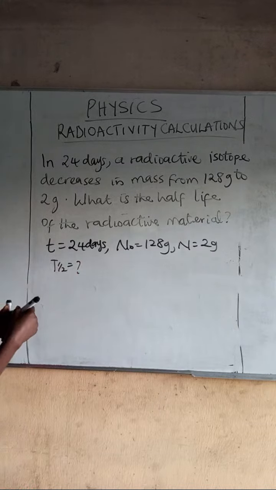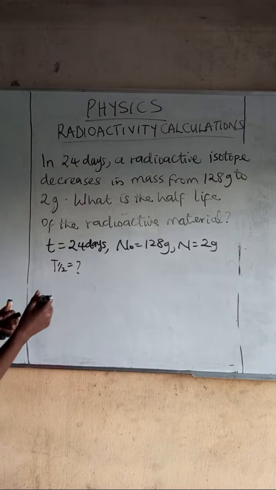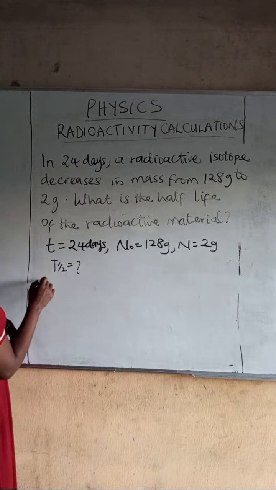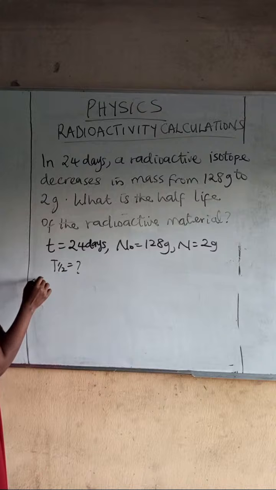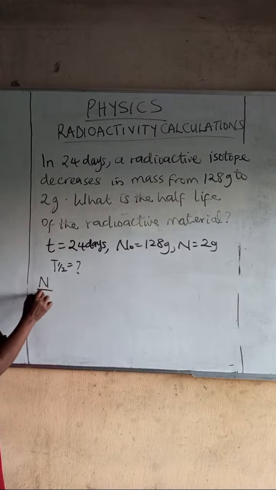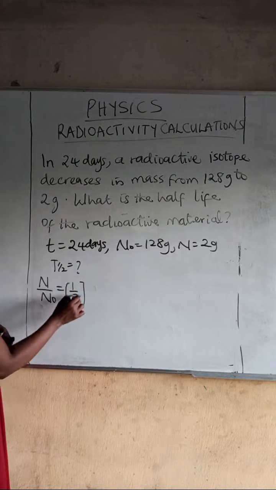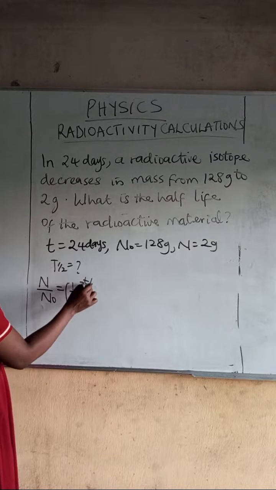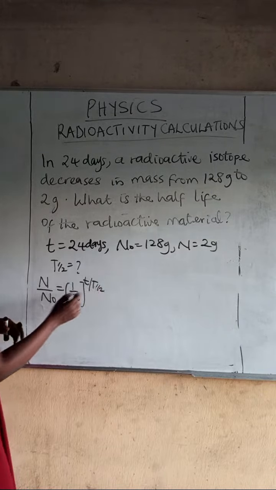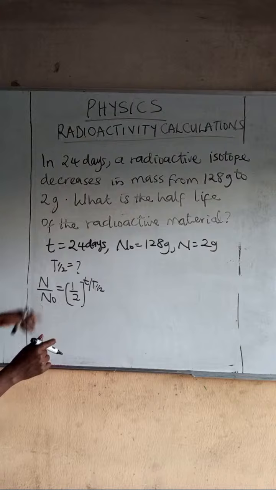Going by what we have, N over N naught is equal to 1 over 2 bracket, T over half-life. What's my N?